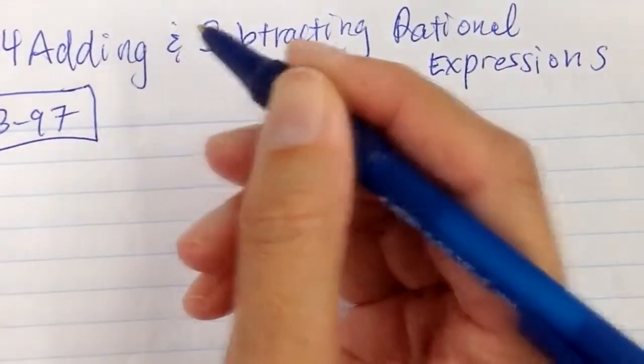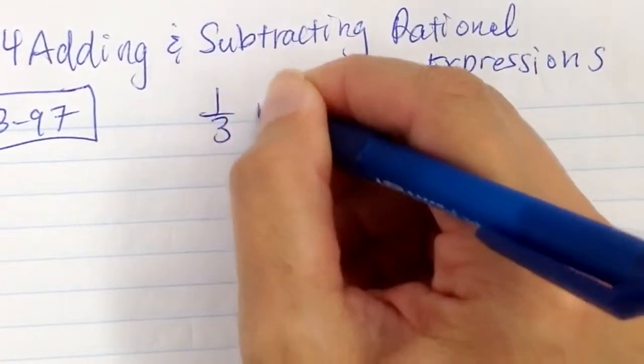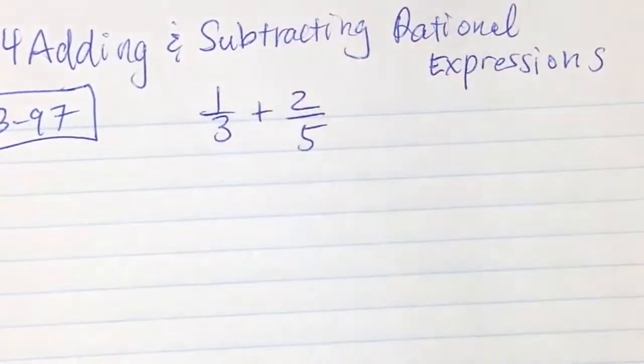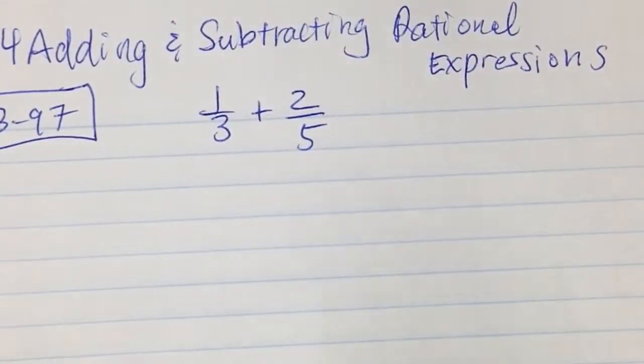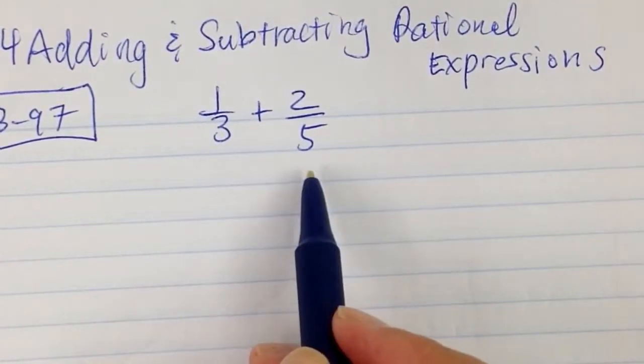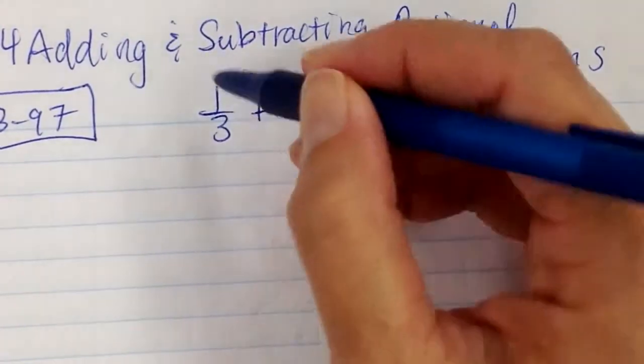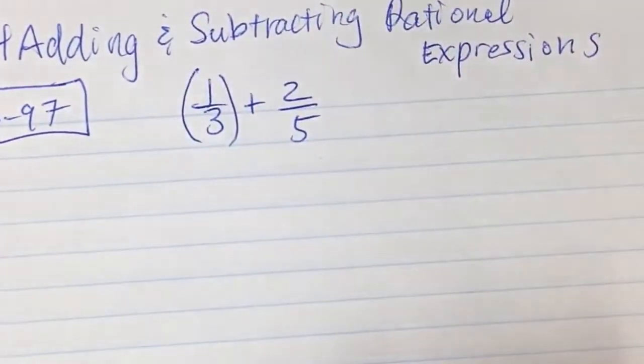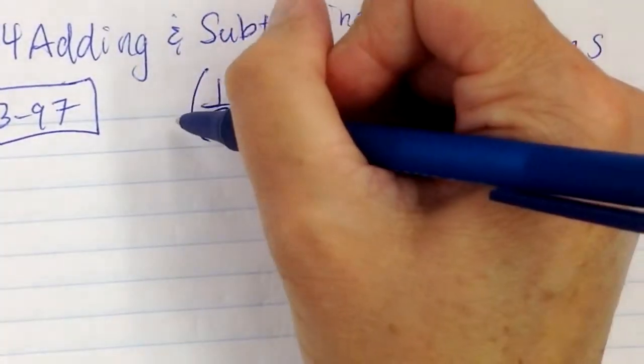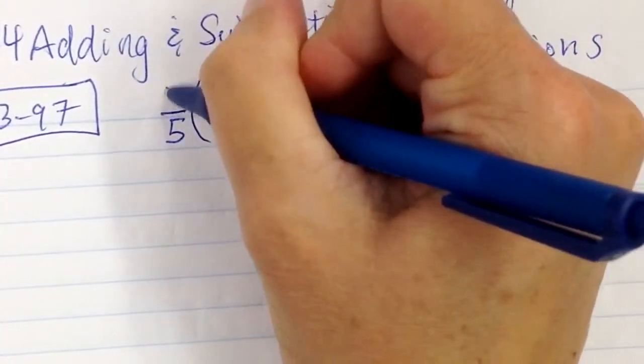So if we take the very simple fraction 1/3 plus 2/5. What is the common denominator of 3 and 5? 15. So we have to get them to become 15, right? How do we get the 3 to become 15? Multiply by 5 over 5.